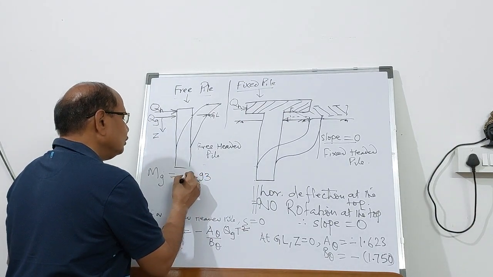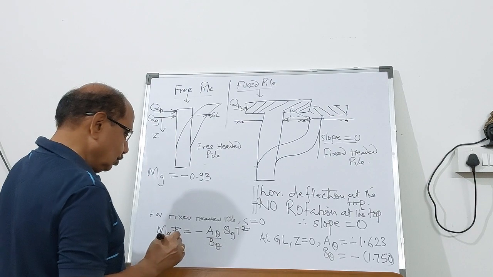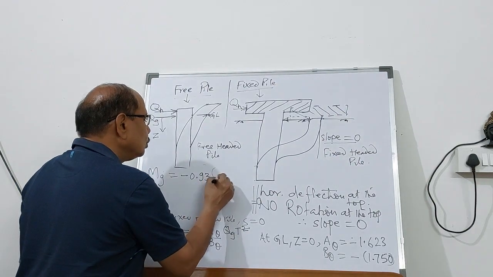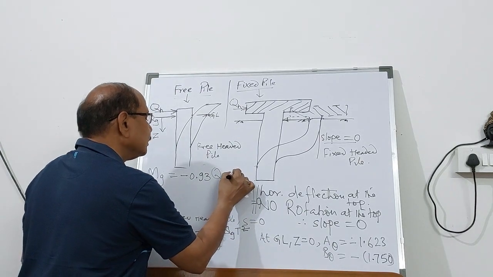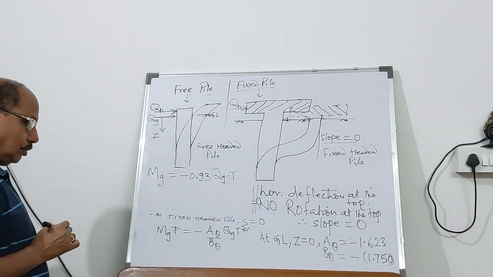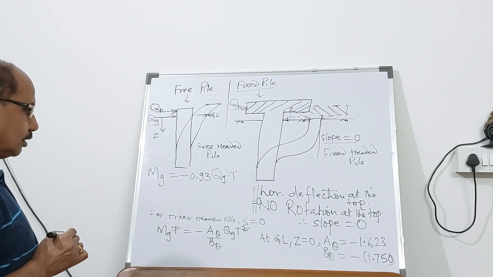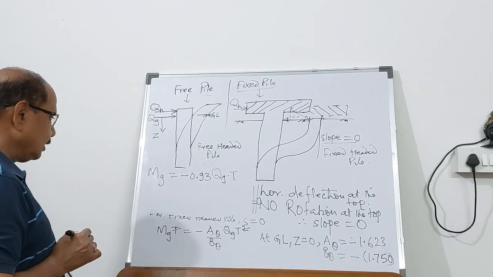On substitution, you will be getting this value into Qg into T. So this is the value that you are going to get.